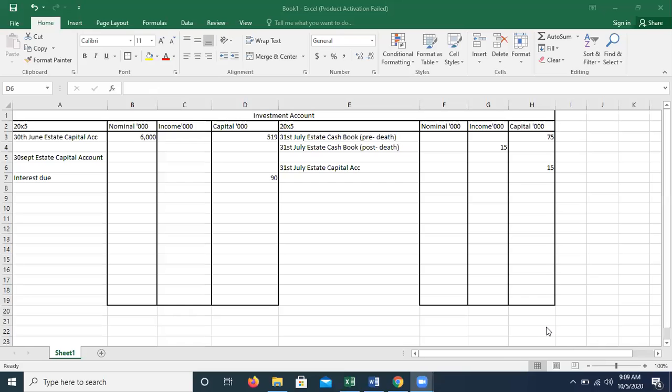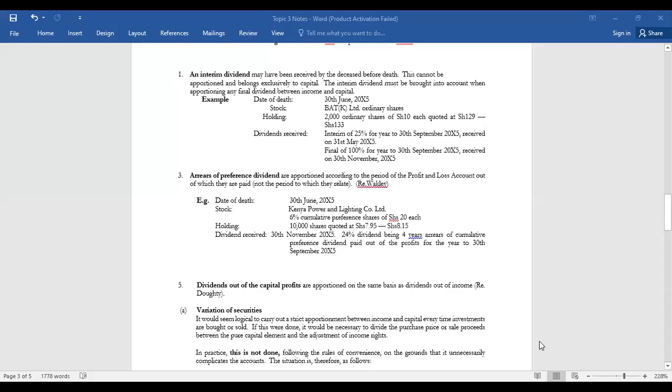Sorry for that. What am I sharing now? Excel. You can see the notes. No, the worksheet on Excel, not the notes. They are there.